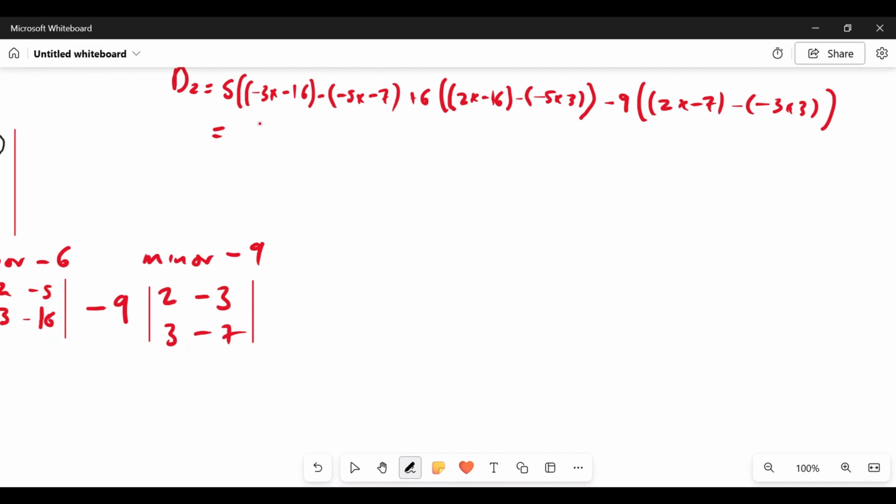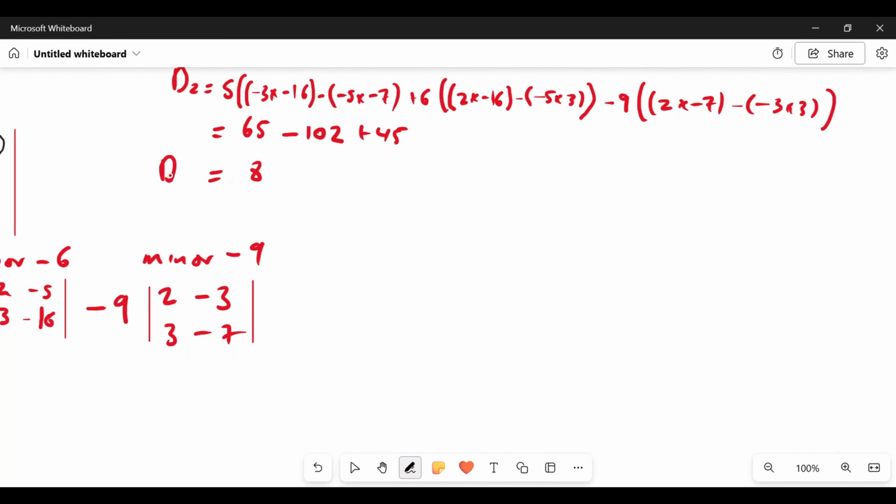For the first minor, when it's 5, we have 65. The second minor, where we have -6, our answer is going to be -102. And then the last minor, where we have -9, we're going to have +45. Then when you add these together, they're going to give you 8.